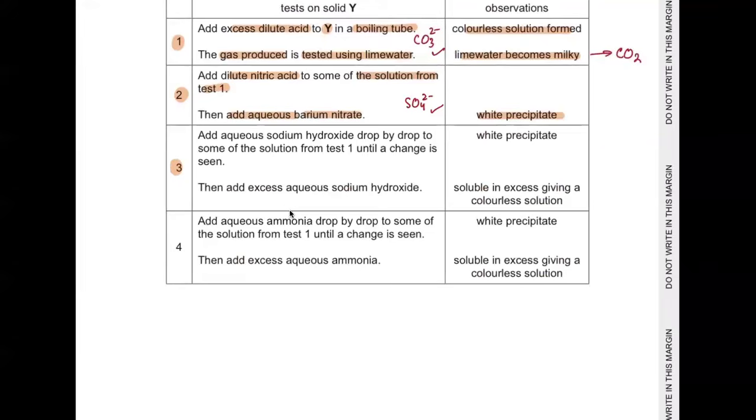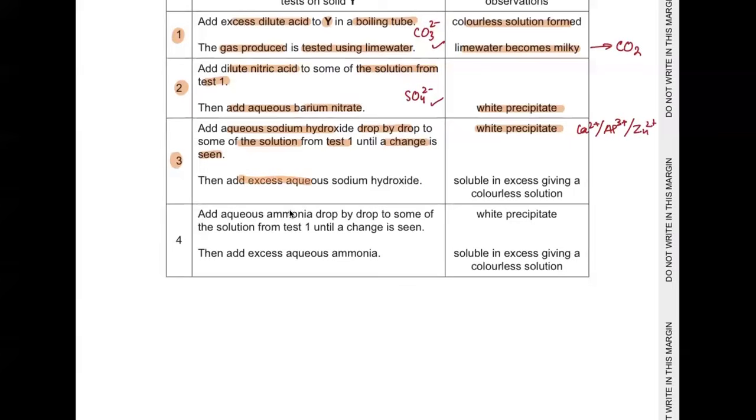Now, test 3. Add aqueous sodium hydroxide drop by drop to some of the solution from test 1 until a change is seen, and the change is a white precipitate. So when we get a white precipitate with sodium hydroxide, it can be calcium ion, aluminium ion, or zinc ion. Now, add excess aqueous sodium hydroxide: it is soluble in excess, giving a colorless solution.